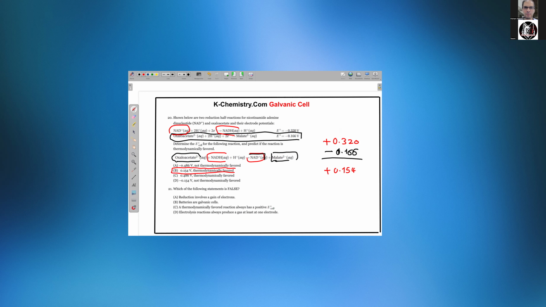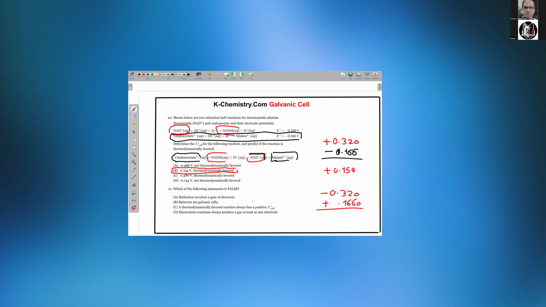The book is saying the answer is D, which is incorrect, because if he wants the reaction to be D, then this means that the opposite is reversed, right? Now 0.320 and plus 0.166.